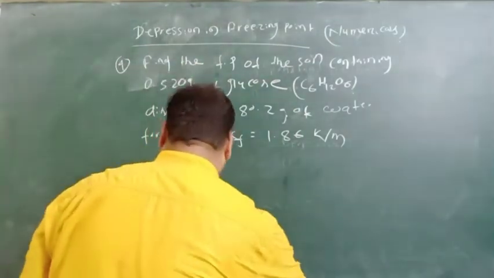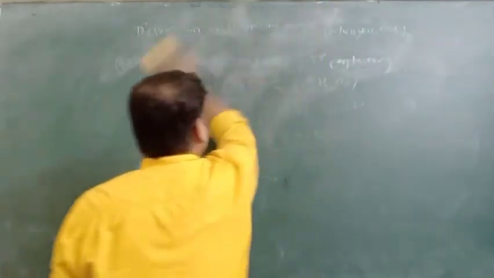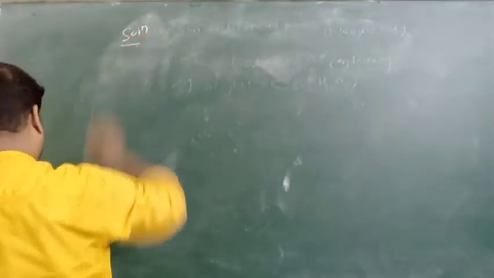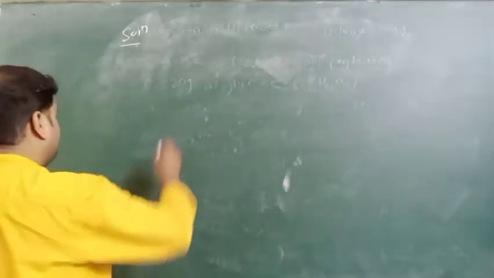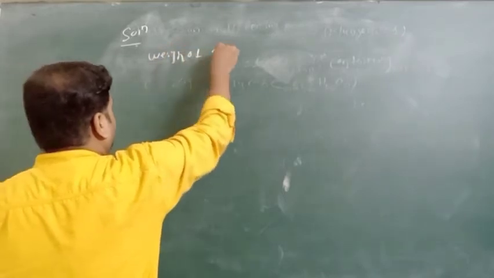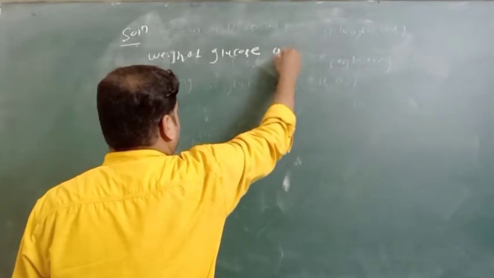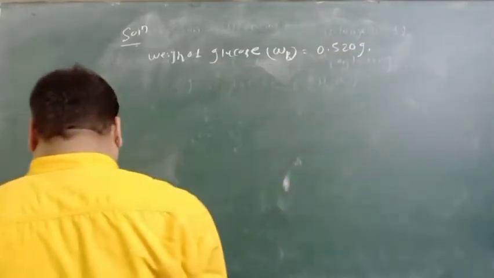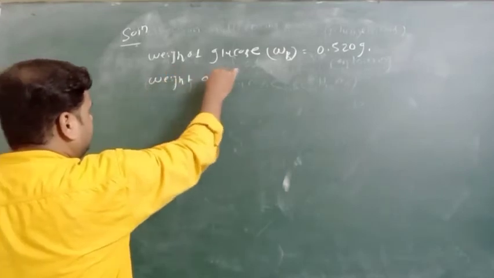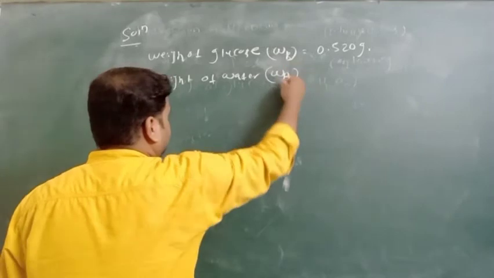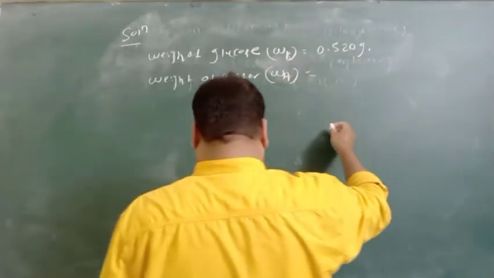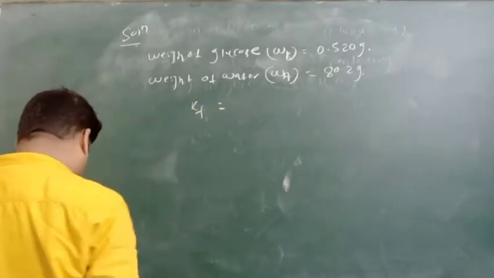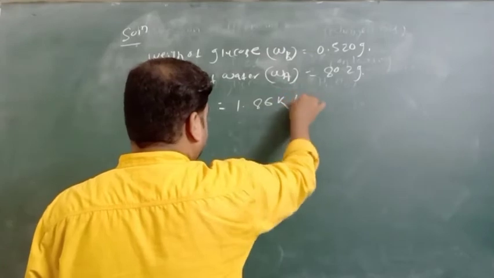So the given data are: the weight of glucose, which is the solute, Wb equals 0.520 grams, and the weight of water, Wa equals 80.2 grams, and here Kf equals 1.86 Kelvin per mole.